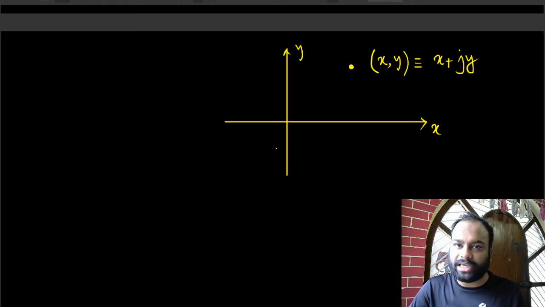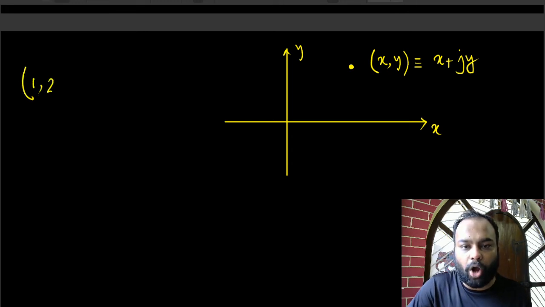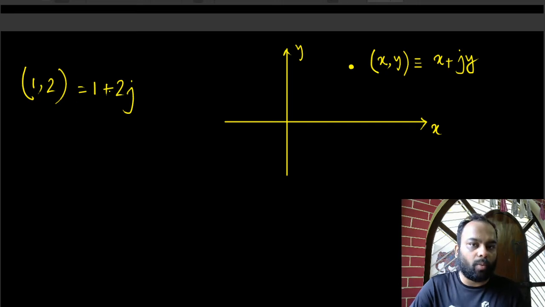What is x plus jy? Just a point whose abscissa is x and ordinate is y. So x coordinate is x and y coordinate is y. Namely, if I say 1 comma 2, this is just 1 plus 2j, which is the point 1 comma 2. Abscissa is 1, ordinate is 2.